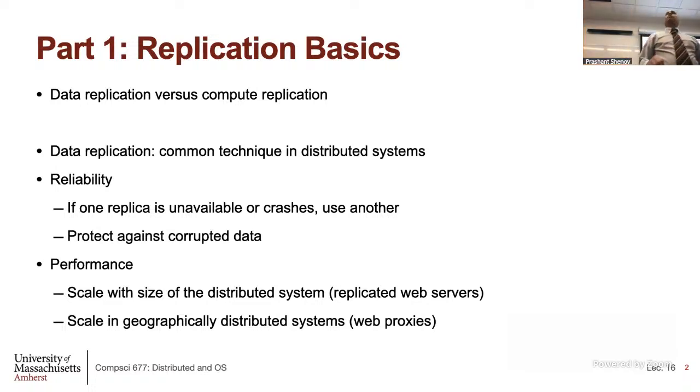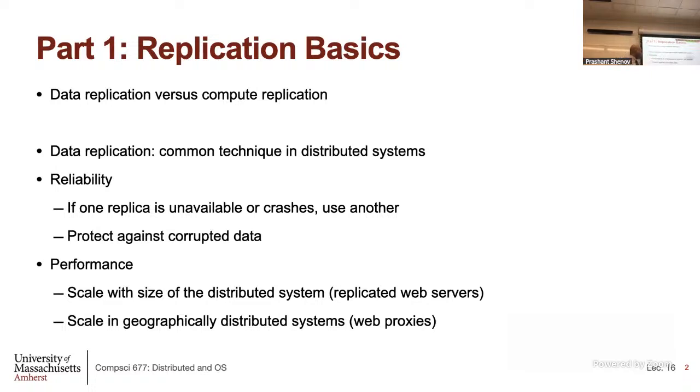So whenever you have replicated the data in your distributed system, there are multiple copies of the data. And the reason that you have to keep these multiple copies is, number one, reliability. If one machine goes down, and all of the data on that machine is lost, there are other machines with other replicas that you can use. So the data as a whole continues to be available, or if there's data corruption, it continues to be available.